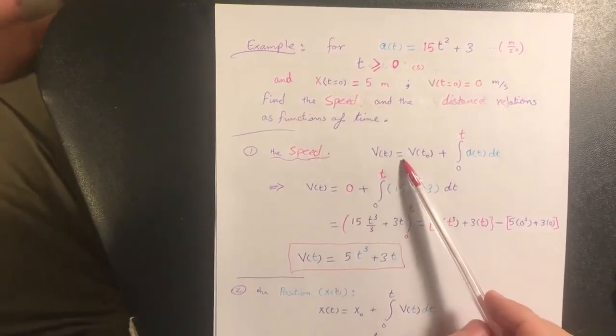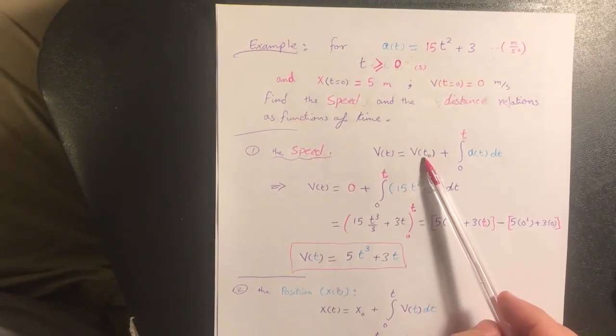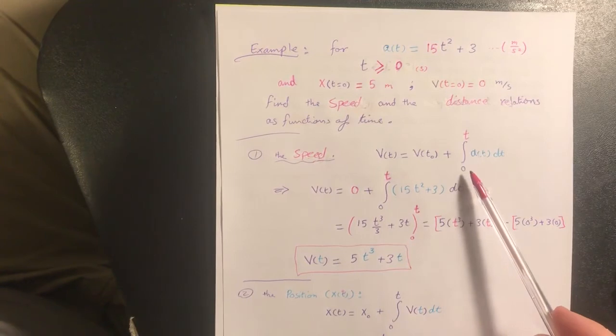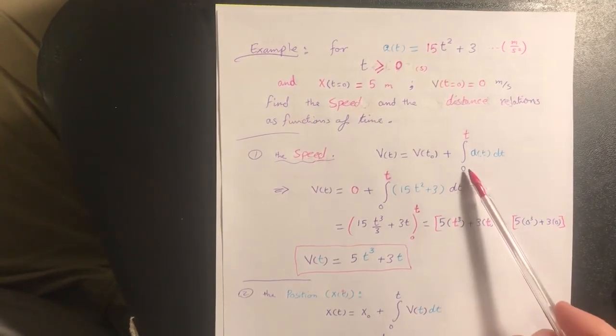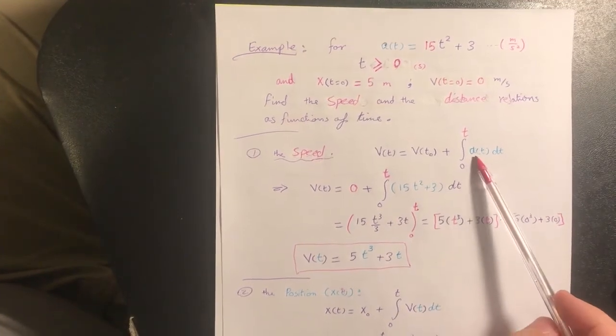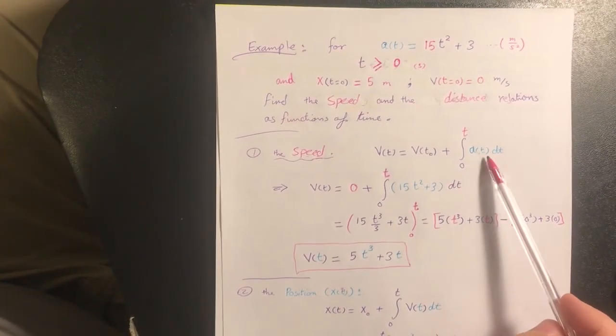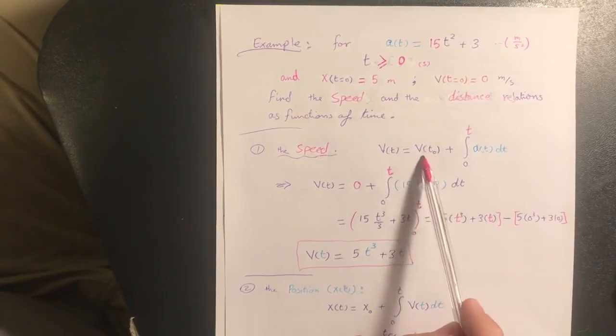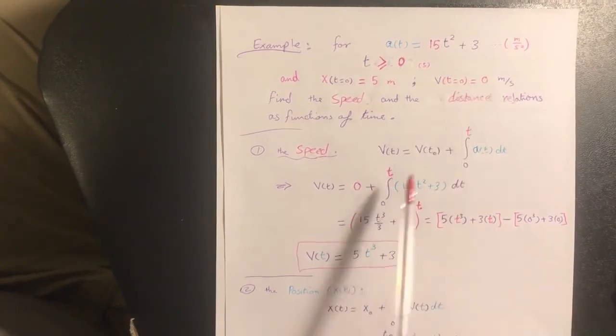Velocity as a function of t is equal to v at t equals 0, or v naught, plus the integration from 0 to t. The initial value of the integration is 0, the final value is t. We have the integration for the acceleration as a function of t. Now the initial value of the velocity is 0, v naught is equal to 0.